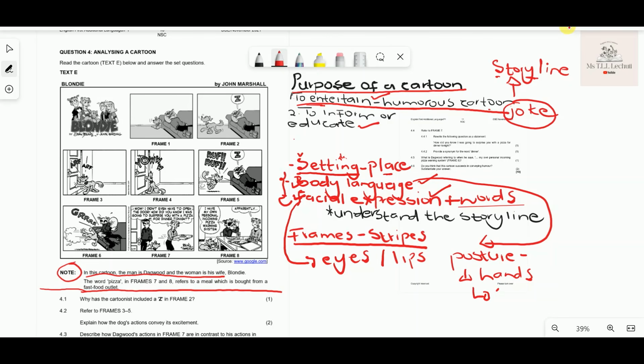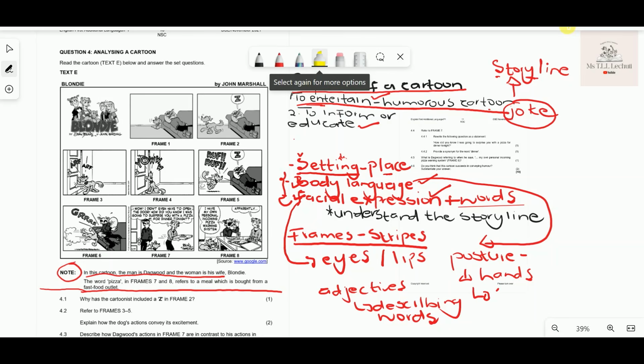Those are just what we call in English adjectives. And adjectives are nothing but what? Describing words. So for you to analyze a cartoon, to analyze the character's facial or body language, you are going to rely on adjectives.